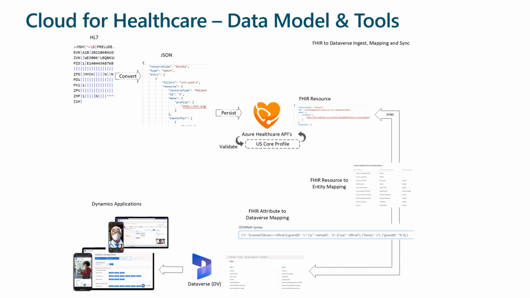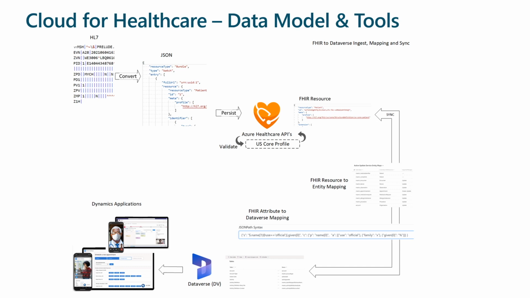In summary, if you have a change coming from EMR, you would get a JSON FHIR bundle to Azure API for FHIR, and the sync agent sitting in between Azure API for FHIR and Dataverse would read that entity map from Dataverse and do the transformation needed to sync between Azure API for FHIR and Dataverse, and vice versa.